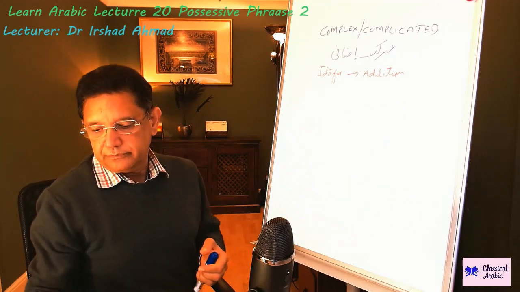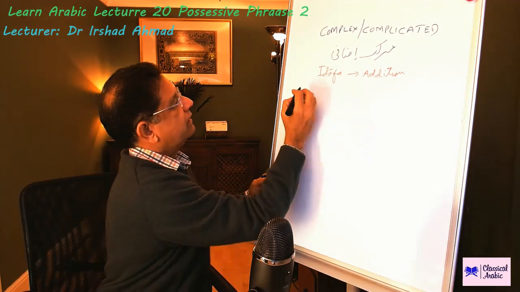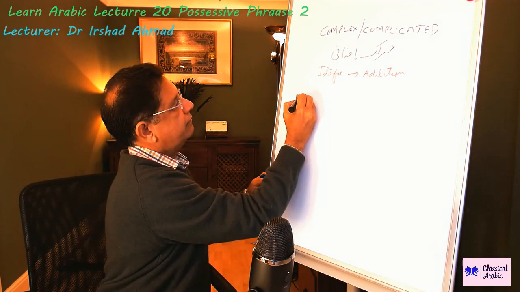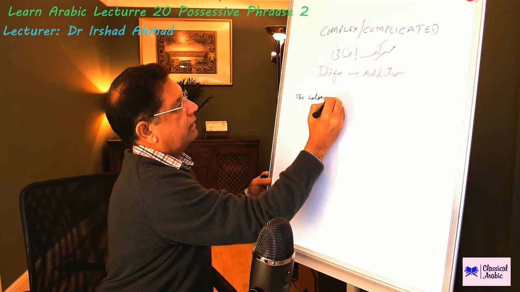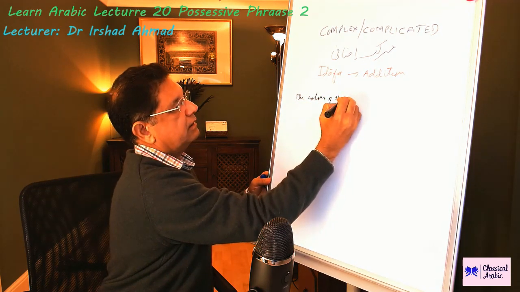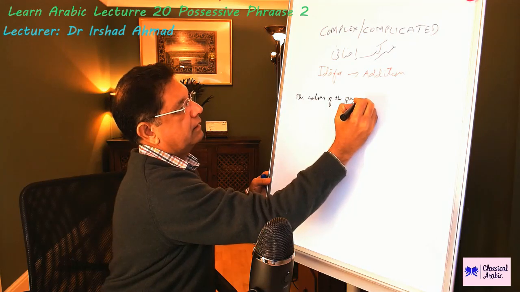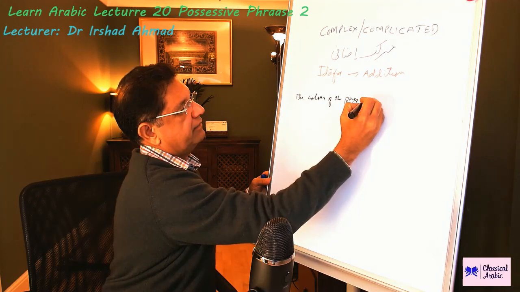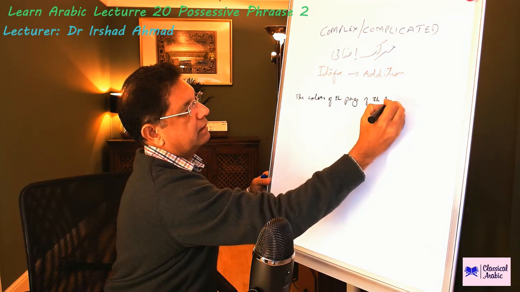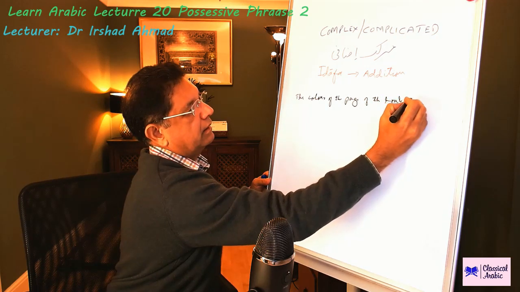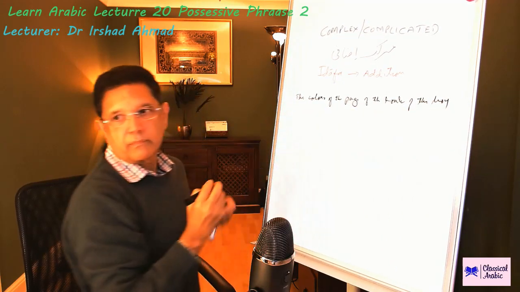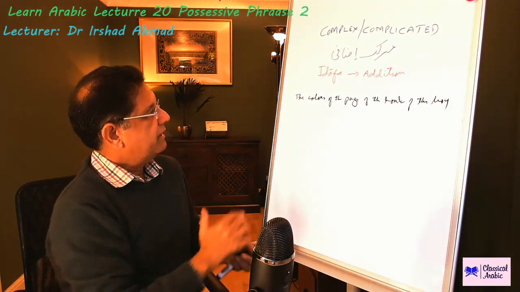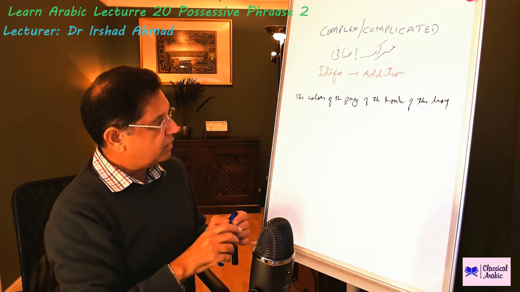So the color, of the page, of the book, of the boy. Our vocabulary is the same except color. Color is lawnun.